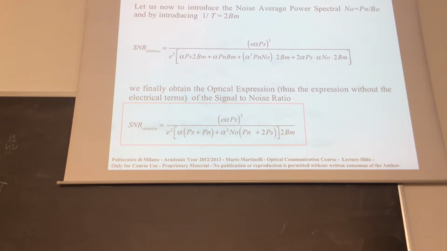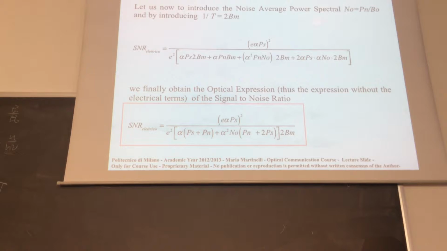Then, let's introduce the noise average power spectral density. What is the noise average power spectral density? By definition, my spectral level is Pn divided by this bandwidth that I suppose constant, that is Bo.